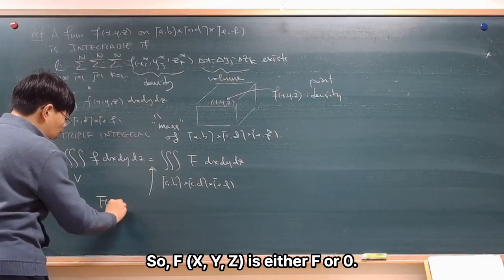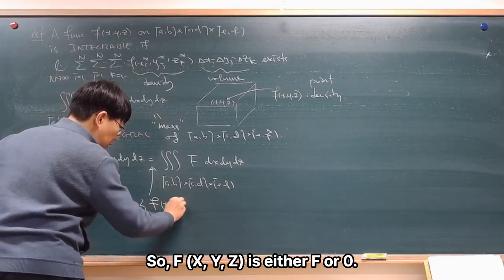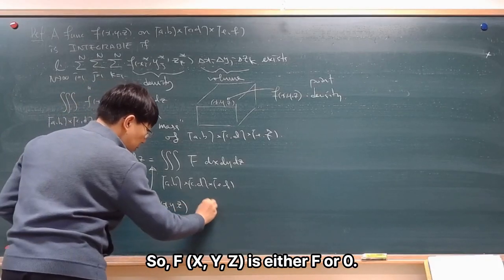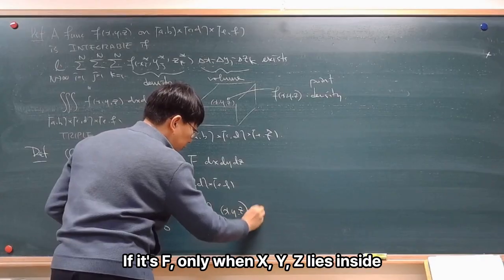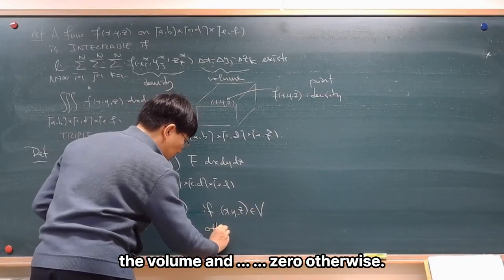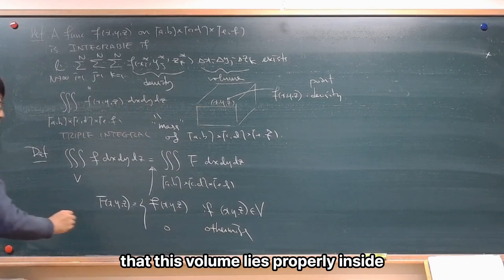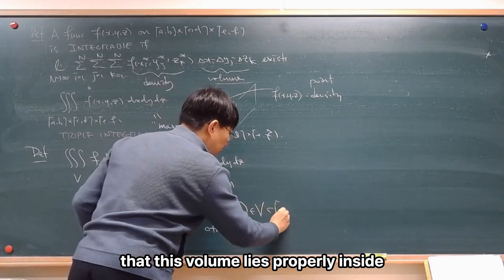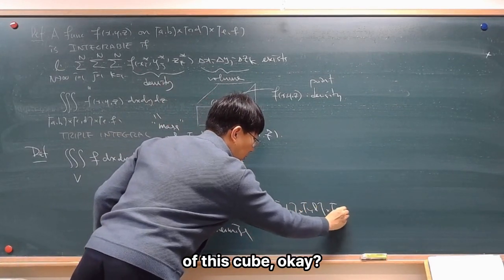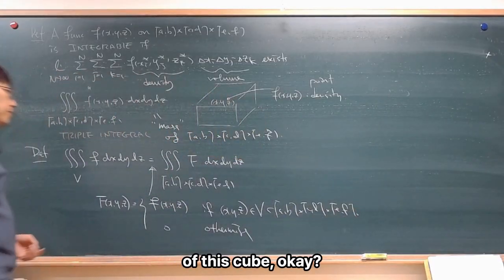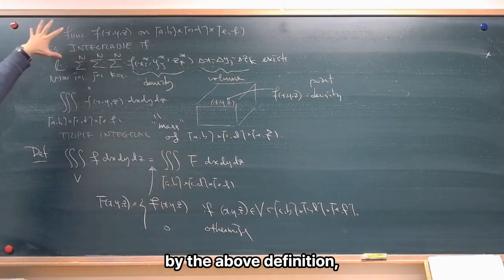So F(x,y,z) is either f or 0. It's f only when (x,y,z) lies inside the volume, and 0 otherwise. So we're assuming that this volume lies properly inside of this cube. Okay, so we know that this is defined by the above definition.